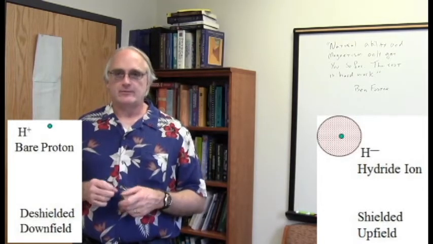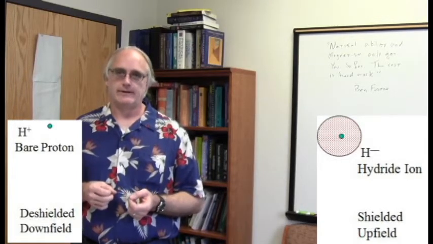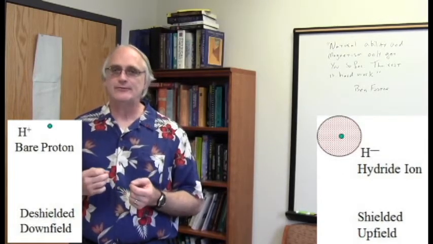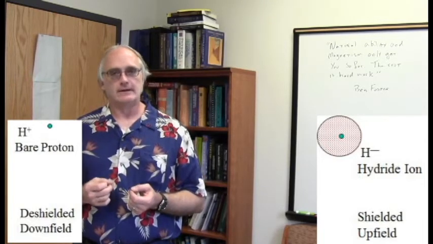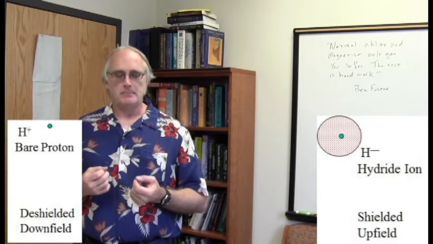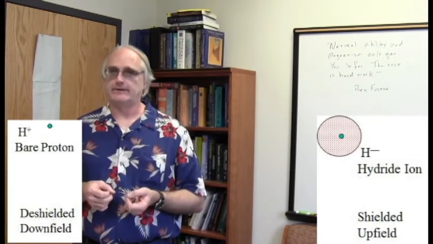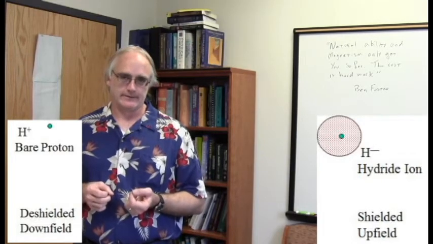And so its B effective will be slightly less than B naught. And it will take a slightly different frequency of light, a slightly different energy to manipulate the nucleus orientation in the external magnetic field.